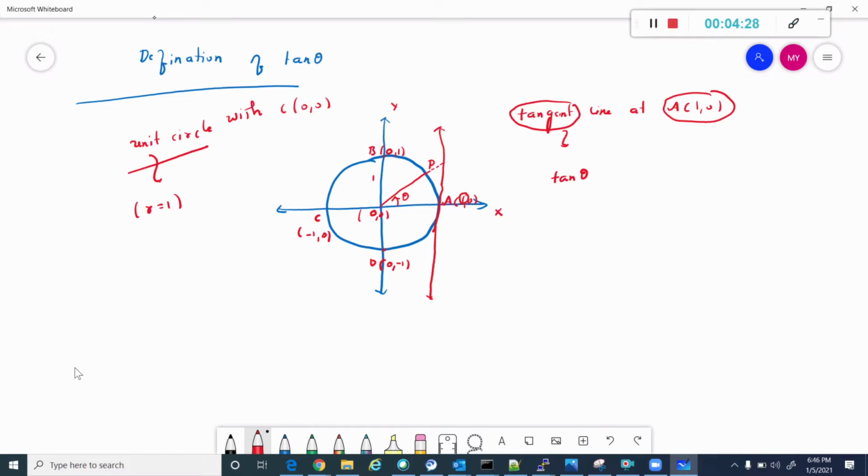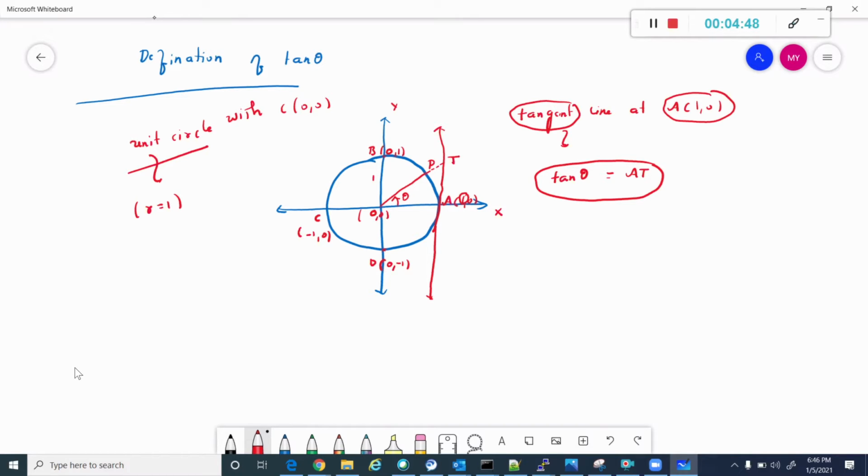Say this meets at T. The length of AT is called tan theta.